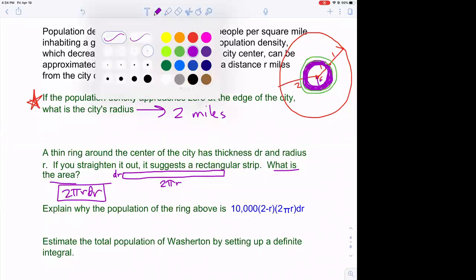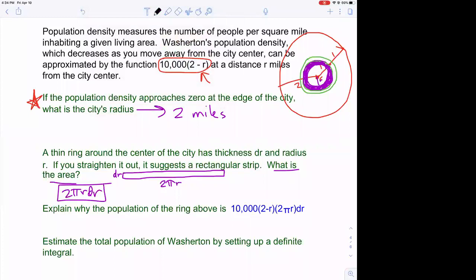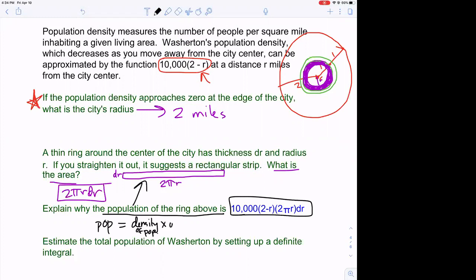And here's why they set you up for this. It says, explain why the population of the ring above is this. So what's the population of this? Well, population is the density of population times the area, right? How many people live per square mile times the area.